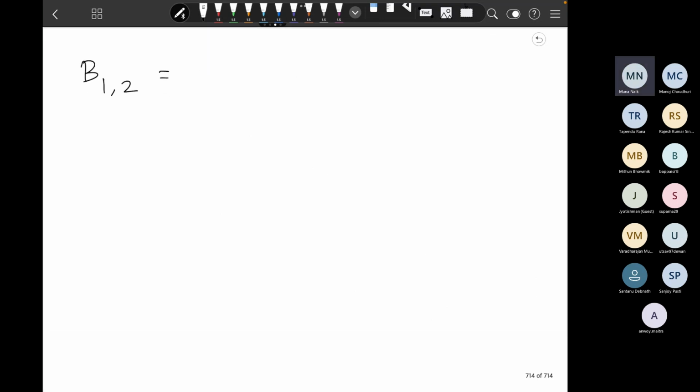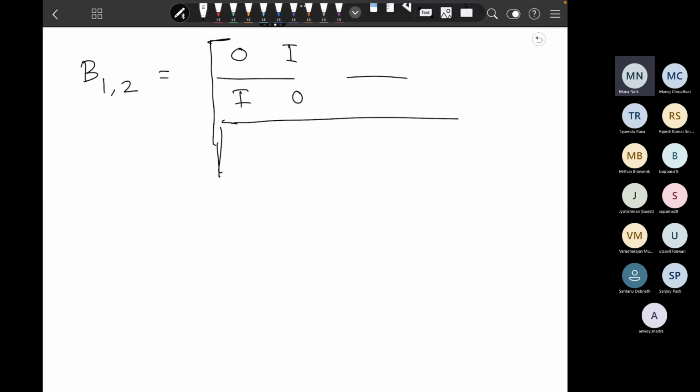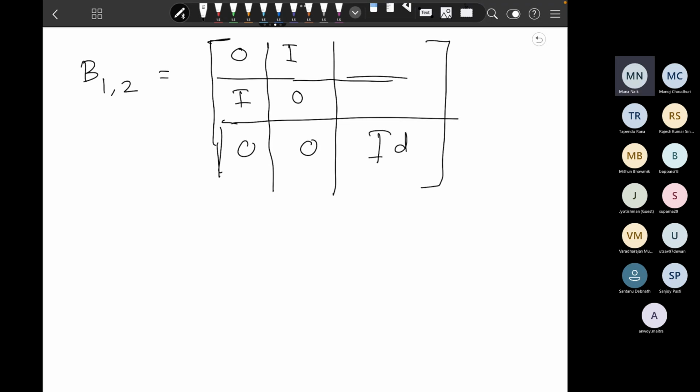So this is the matrix we have to take: 0 I 0 in the first rows, and 0 0 identity, where each I is a 2 cross 2 block. This is just the permutation matrix which permutes row 1 and row 2. So A B12 is equal to B12 A, multiplying blockwise.